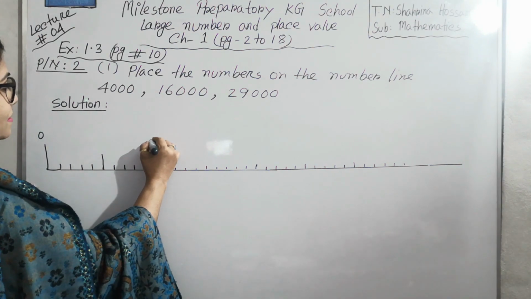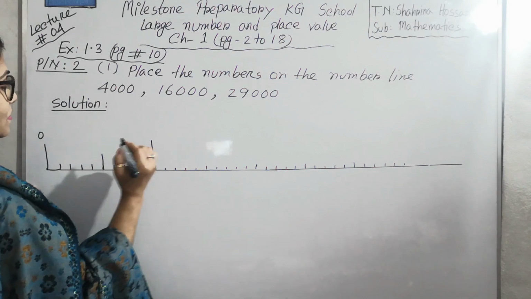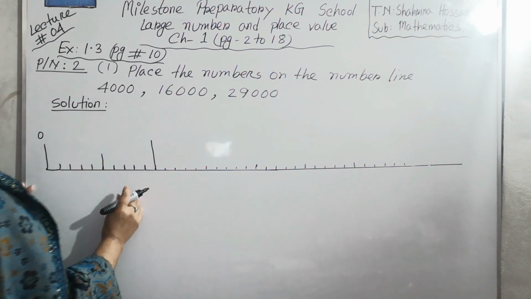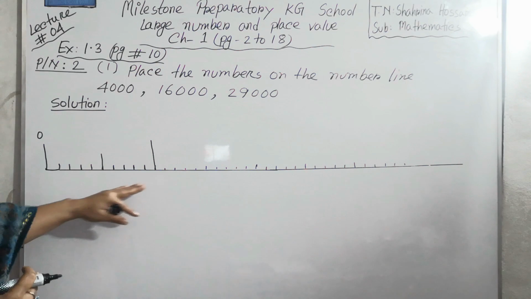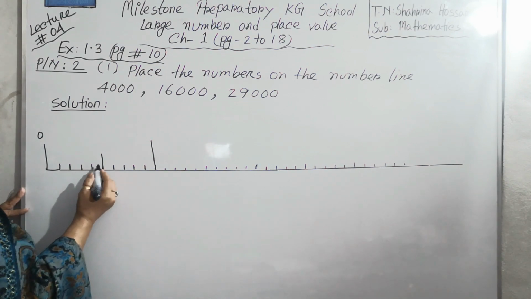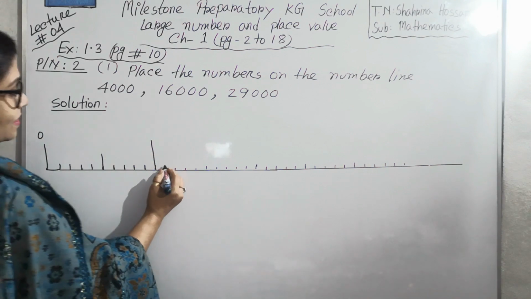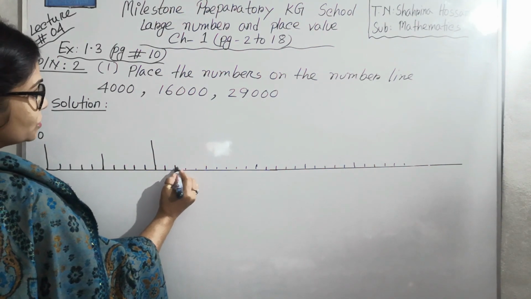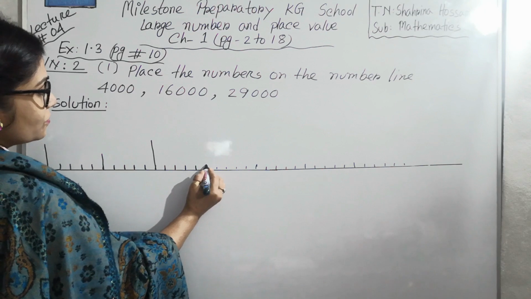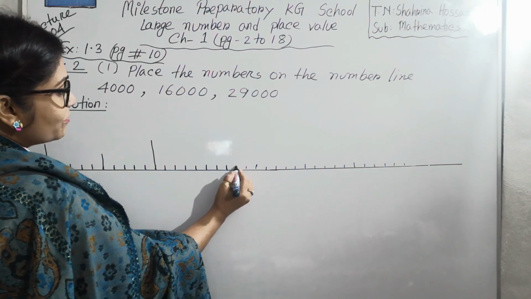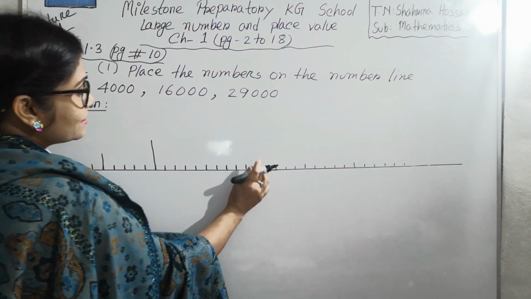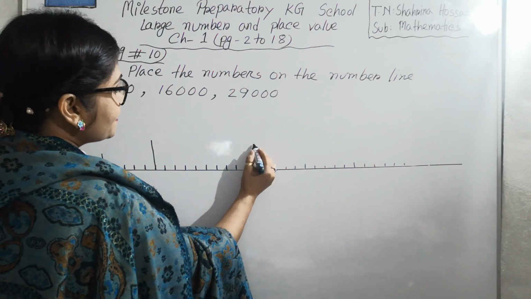I make it long. It makes it easy to understand. This is the 10. That means this is 5, then 10. Then 1, 2, 3, 4, 5, 6, 7, 8, 9, again 10.